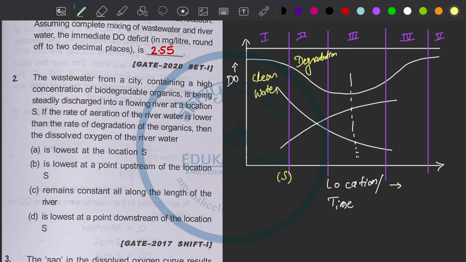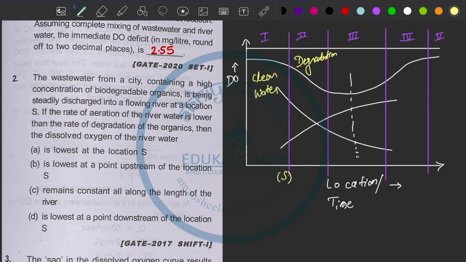So the level of DO falls due to decomposition, and in this zone there will be dark and turbid water. Fishes may be present, but it may not be. Algae is also present.